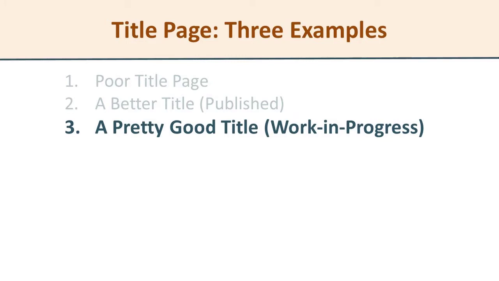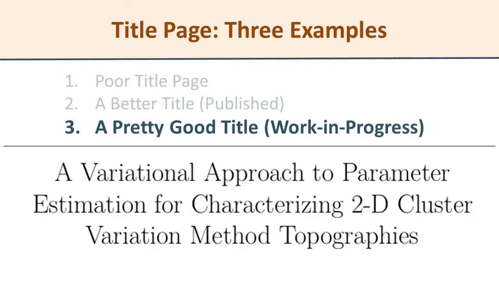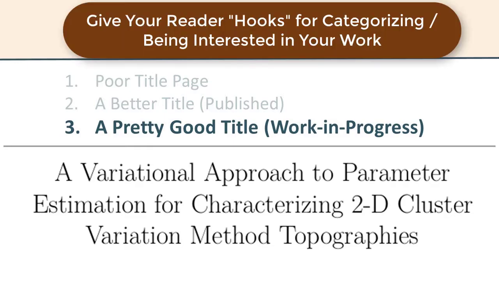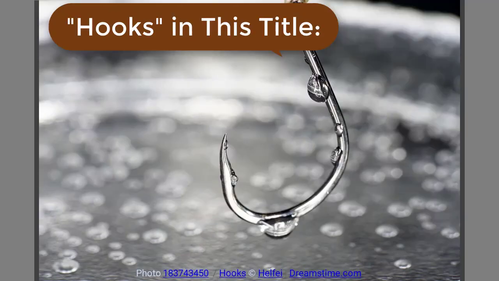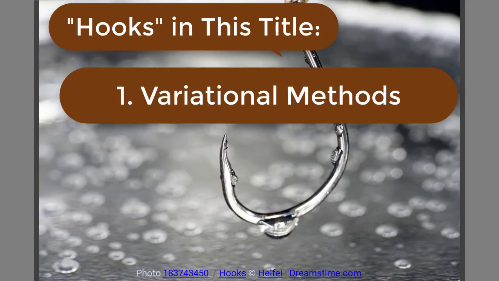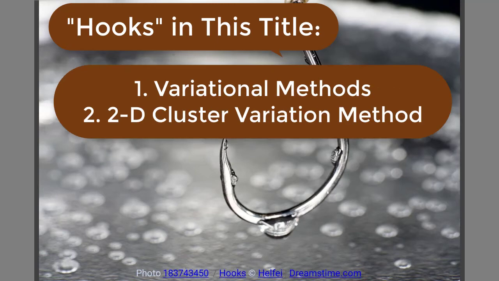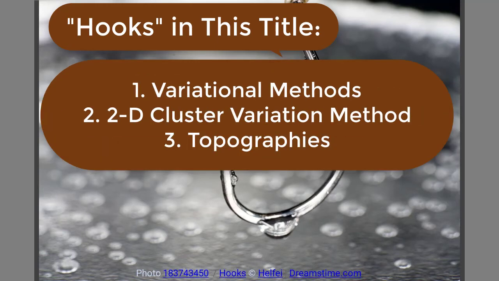Currently, I'm working on a different paper, and the provisional title that I've got is "A Variational Approach to Parameter Estimation for Characterizing 2D Cluster Variation Method Topographies." This gives the potential reader all sorts of very specific hooks. If they're interested in variational methods, that's a hook. If they're interested in the 2D cluster variation method, that's another hook. If they're interested in topographies for the 2D CVM, another one.